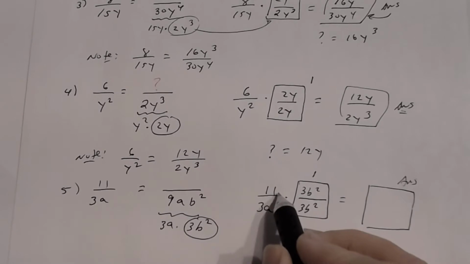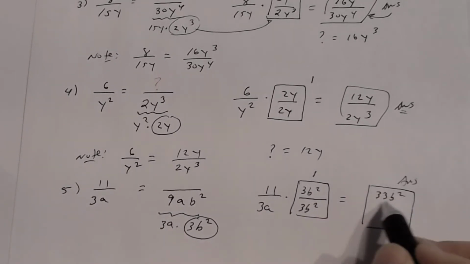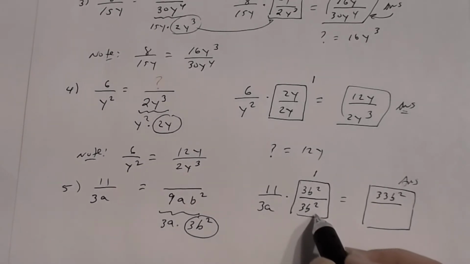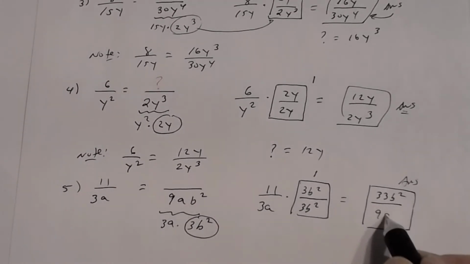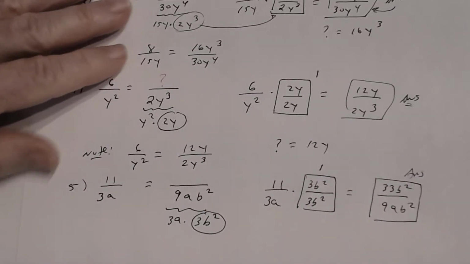will be 11 times 3b squared is 33b squared. 3a times 3b squared is 9ab squared. Okay? And so what you just found is this.